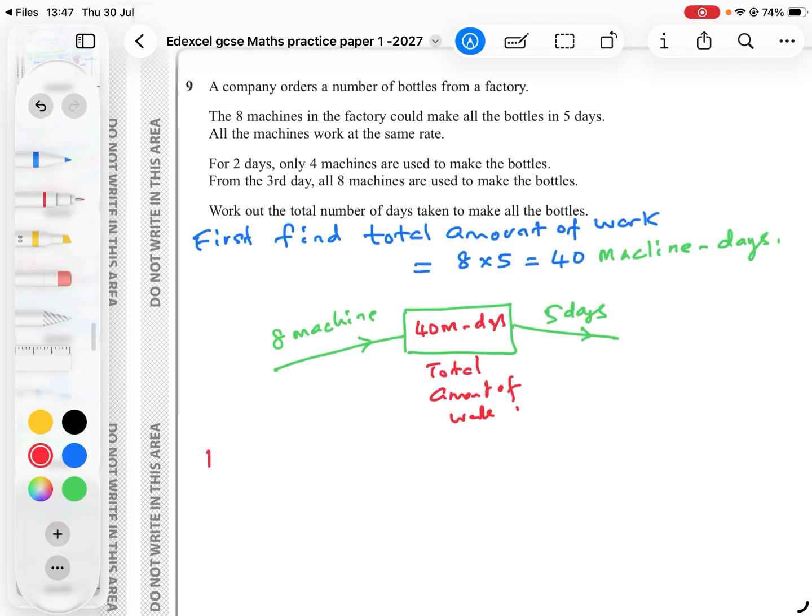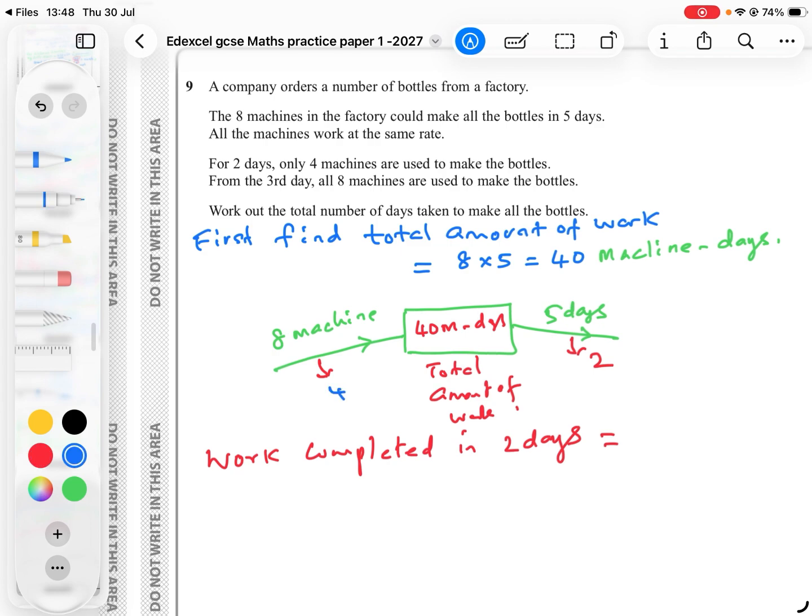Second one, work completed in 2 days equals, so here this one 2, this one only 4 machines work.